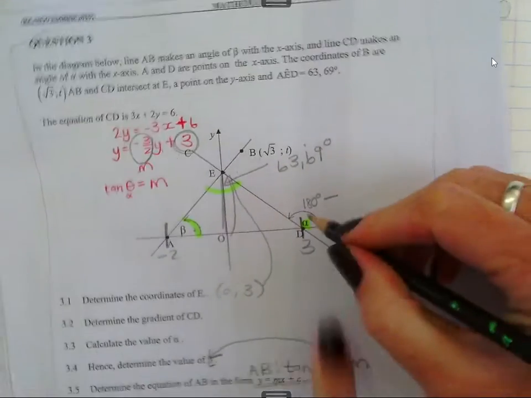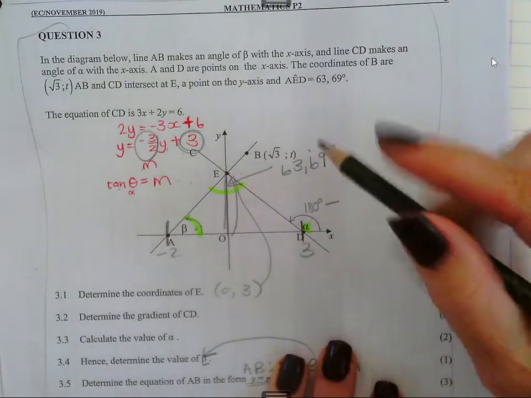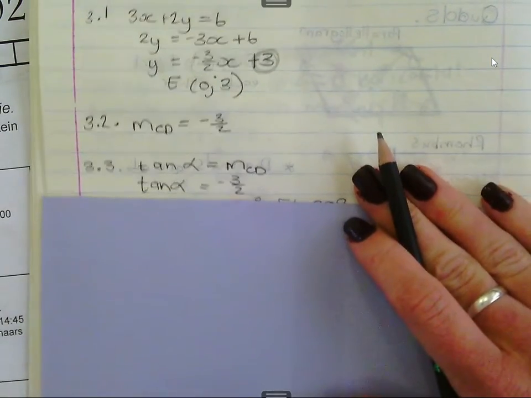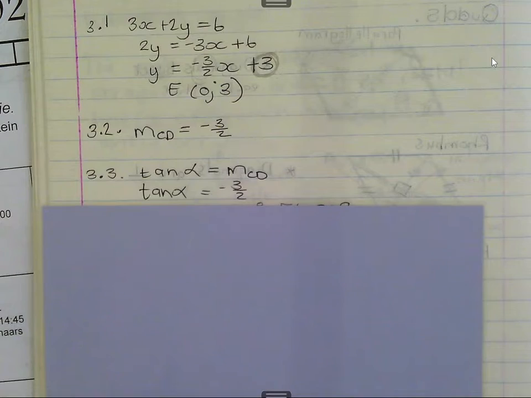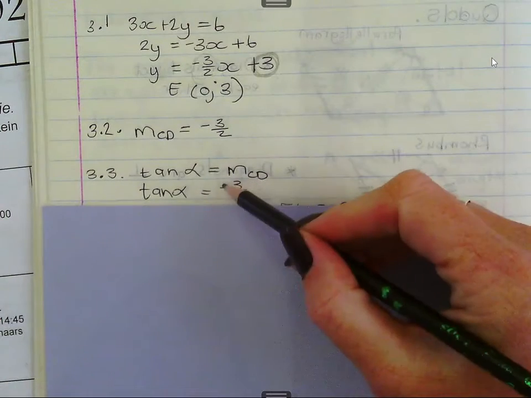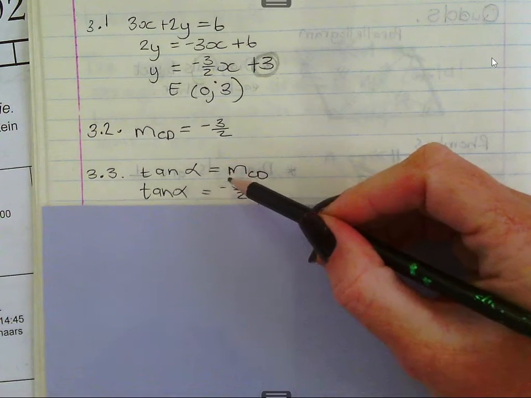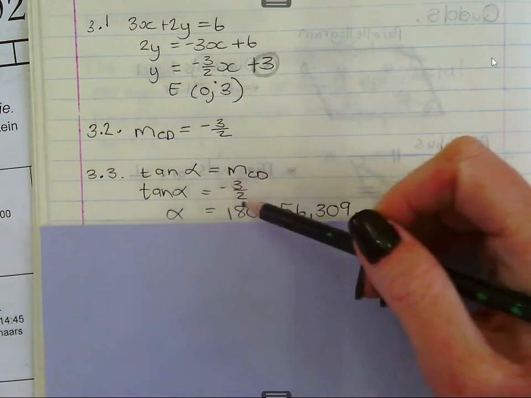Good. So in our notes, I showed you that you are going to take the gradient of that line. The tan of alpha will be equal to that gradient. But now, when you press it on your calculator, you ignore the negative. And you just press shift tan 3 over 2.